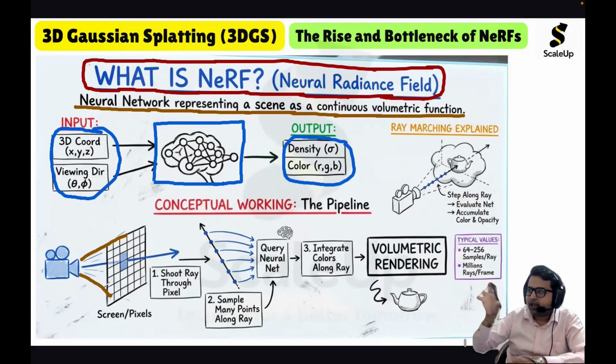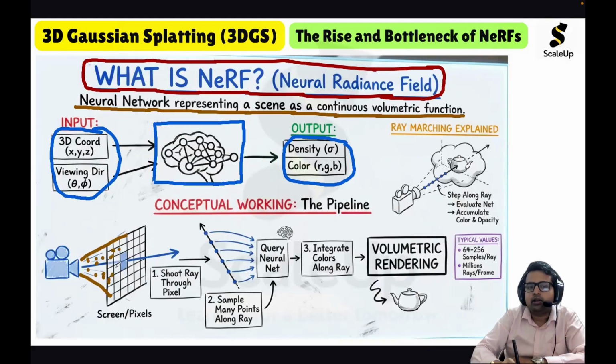When we shoot the ray, all the pixels falling in that region will be our points of interest. So we will sample all the points along the ray, and one by one, we will query the neural network at each point. For each point, the coordinate of that point and the viewing angle will be the input to the trained neural network, and it will generate the output.